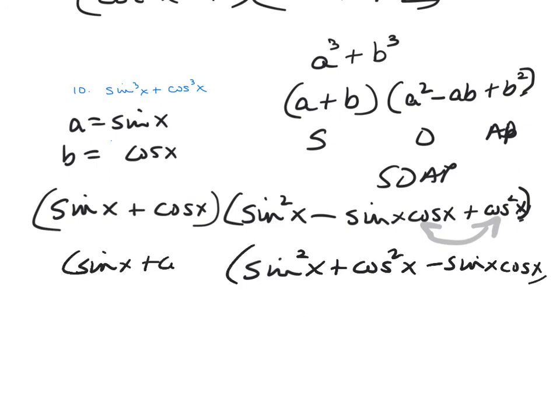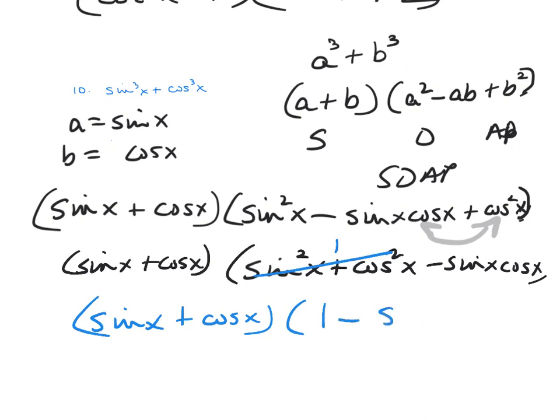Let me rewrite this. This simplifies to a 1. So then I get sine x plus cosine x times 1 minus sine x cosine x. And that would be that one factored.